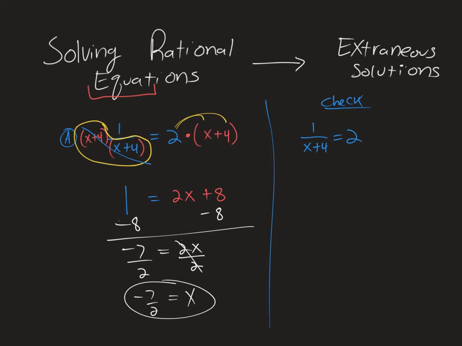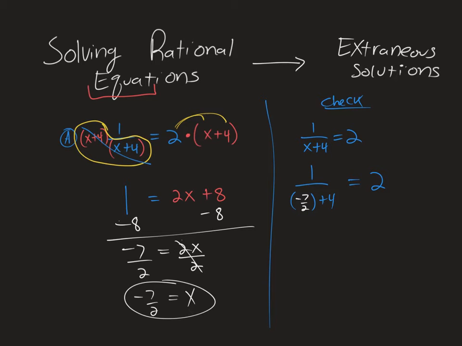So 1 divided by, we're replacing x with, here, I'll do this in color instead. So instead it's going to be 1 divided by x plus 4, where x is this negative 7 over 2. And we're going to ask, is that actually equal to 2?